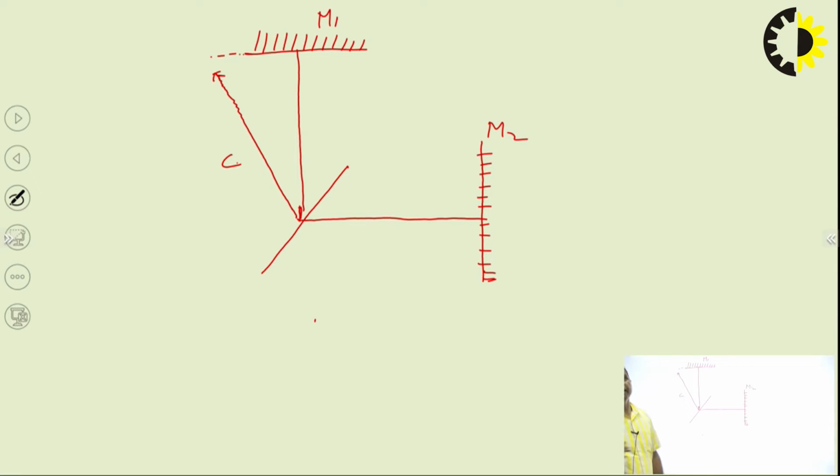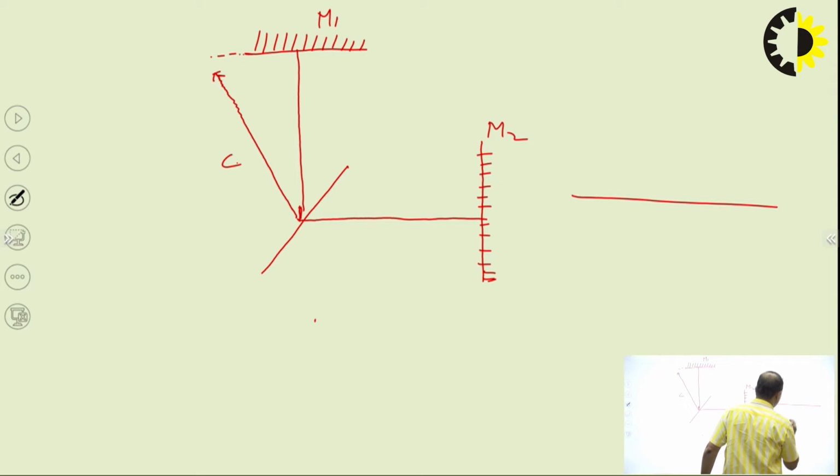Suppose we are interested in calculating this time for this vertical mirror directly with respect to Earth frame, without utilizing the ether frame concept. By using the concept of the river swimmer problem, we can easily estimate the time. All of us know about this famous river swimmer problem.